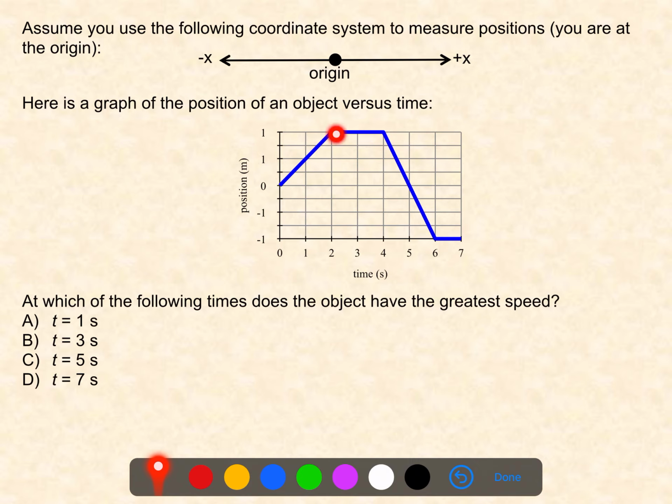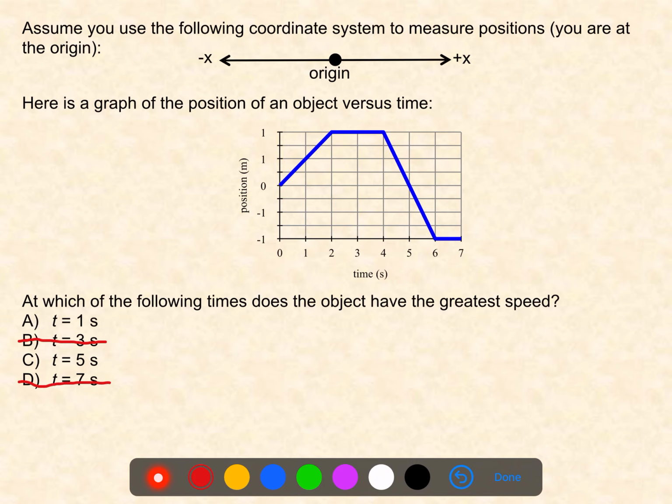So when the slope is equal to 0, we can already rule out any of those possibilities because that's basically where you're standing still. There's no speed going on there. Okay, so we can rule out, for example, 3 seconds because that's taking place where there's a slope of 0, and we can rule out 7 seconds for the same reason.